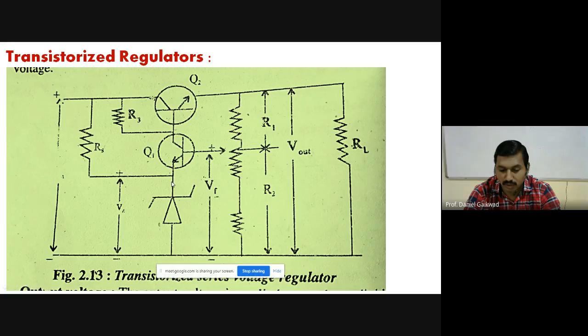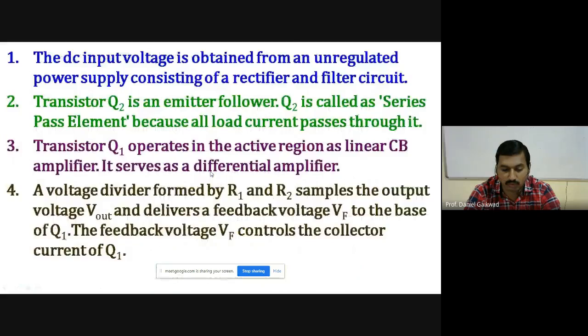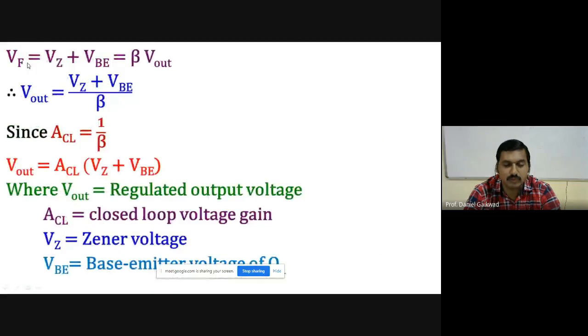So the voltage across the transistor plus the voltage across the Zener is equal to Vf from the diagram. This is the second formula for feedback, Vf is equal to Vz plus Vbe, and that is equal to beta times the output voltage.